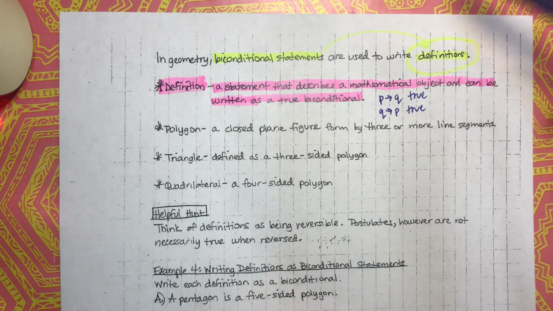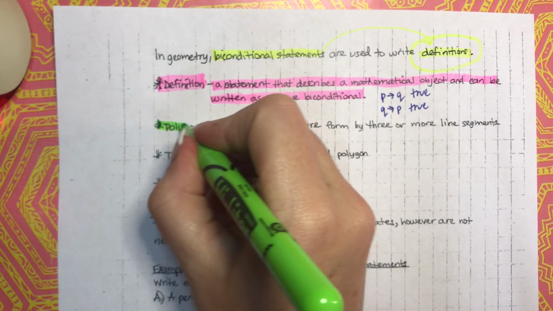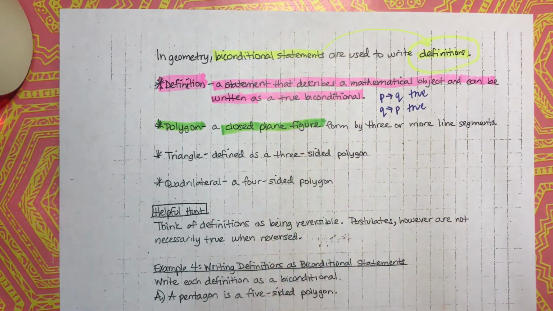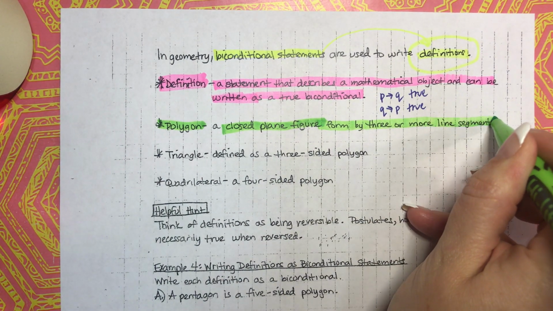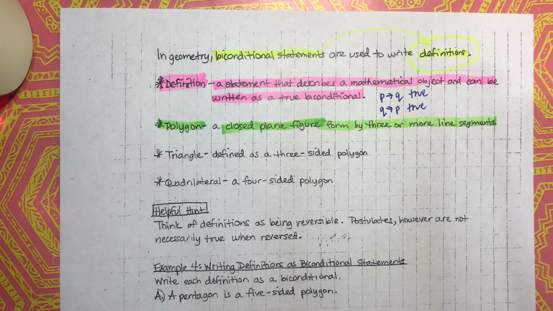So the first definition is a polygon. A polygon is a closed plane figure, okay, formed by 3 or more line segments. Okay, so it's not lines, it's line segments, 3 or more, a closed plane figure. So it's important to know, well, what is a closed plane figure?